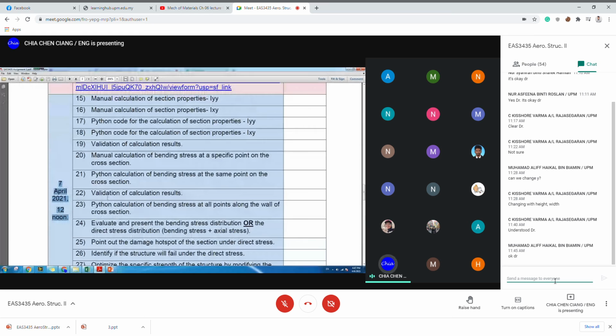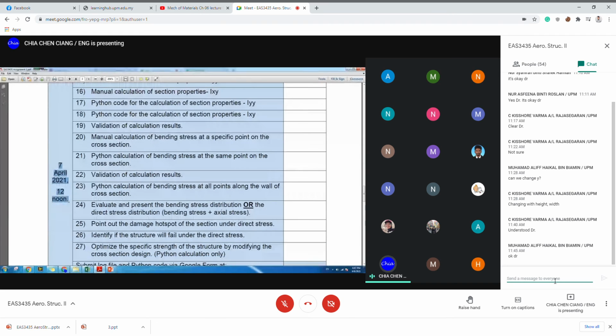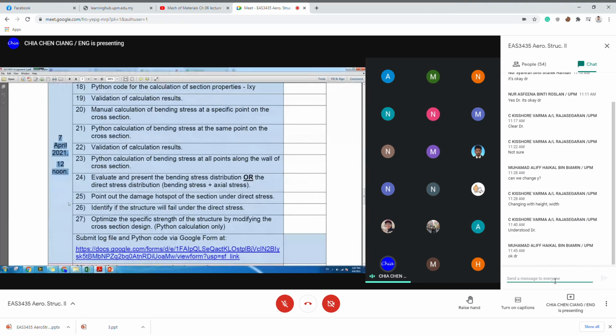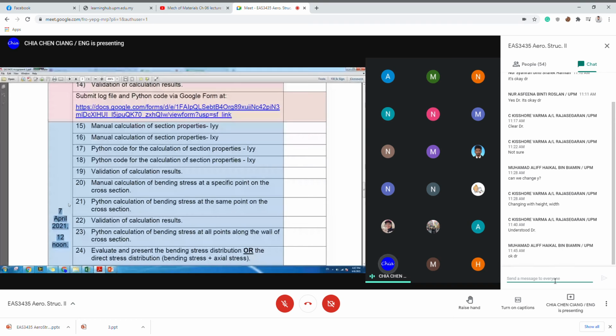I hope the majority of you have already settled the part that you are supposed to submit tomorrow. So you have some materials in your hands already. What I want you to do is form groups. You have the materials, your code, your log files.